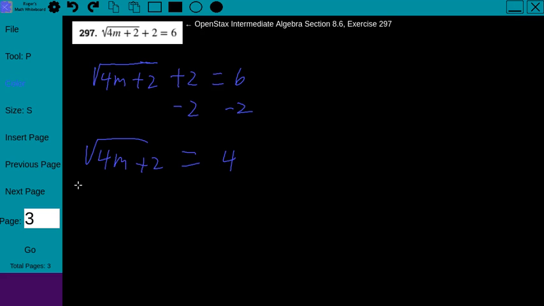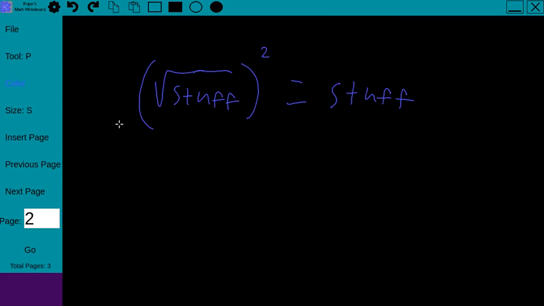I think I already explained it in an earlier video, but let me just go back so you can see. This is the generalization of the tool we are about to use. Basically, if you take the square root of stuff and you square it, what you'll end up with is just the stuff, because the square will unroot the root.